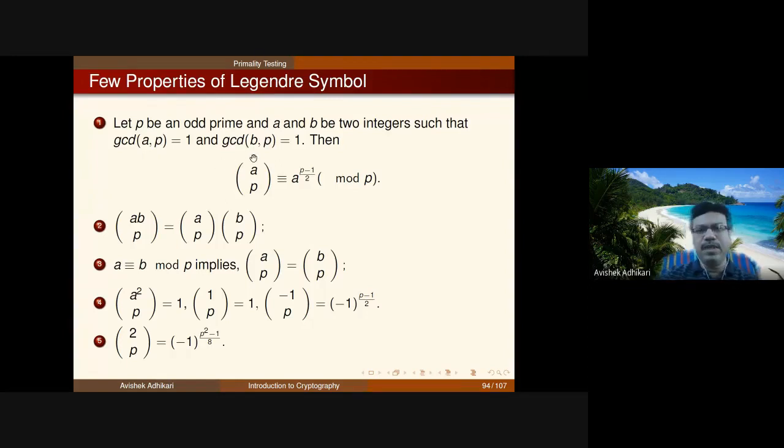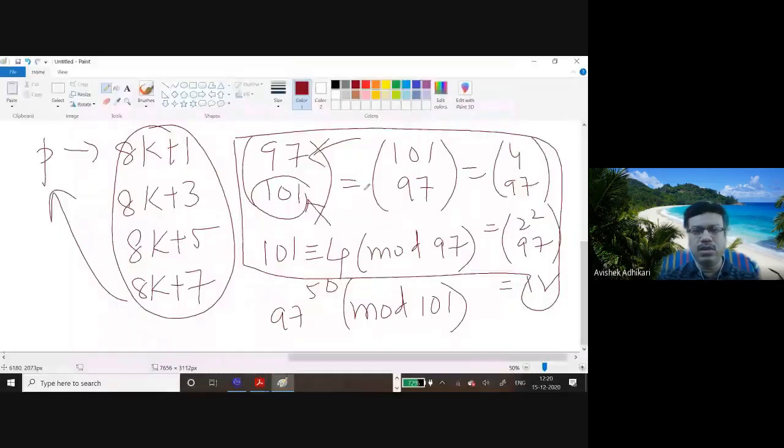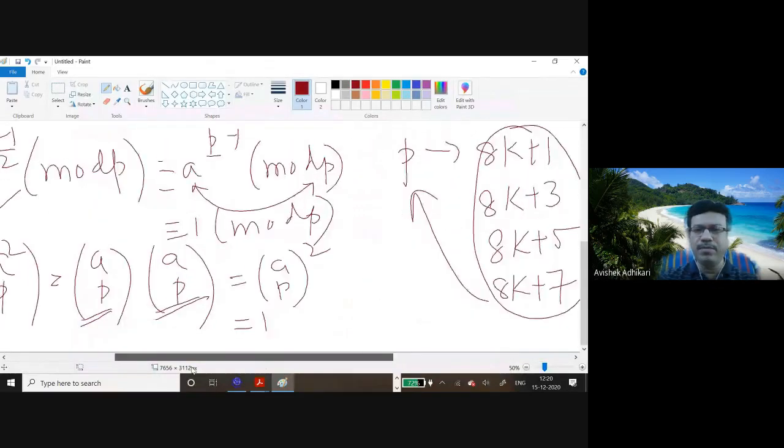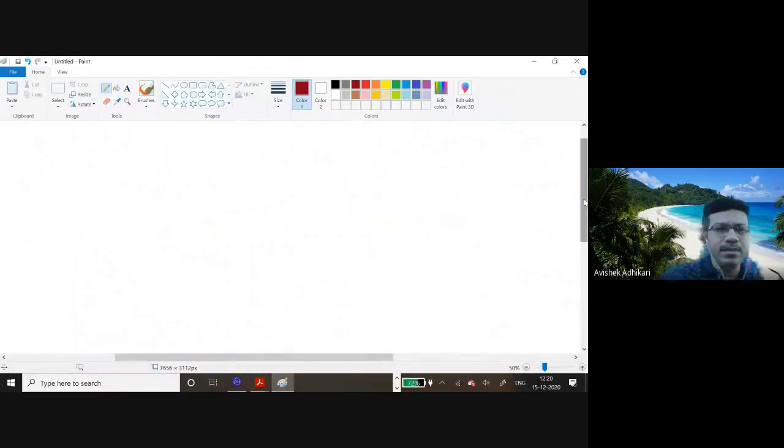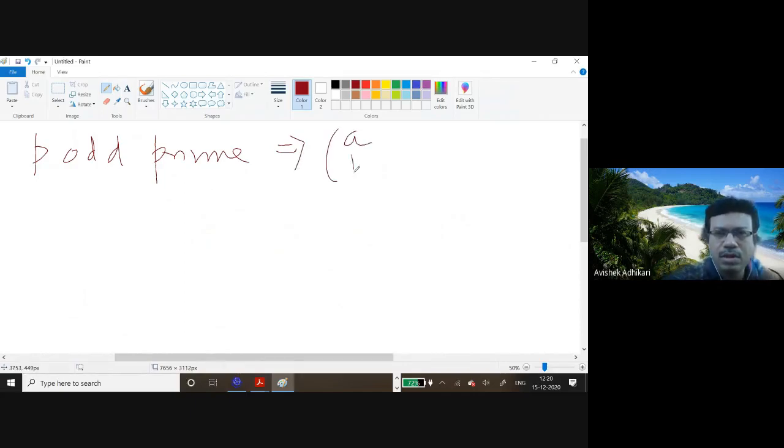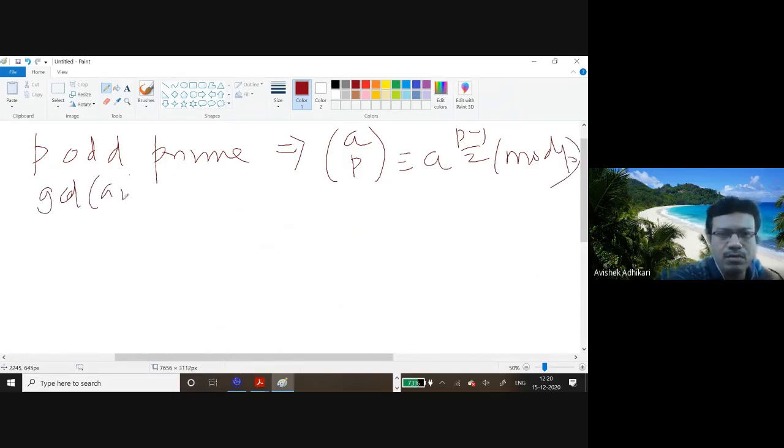If p is an odd prime, then the Legendre symbol (a/p) is congruent to a to the power (p minus 1)/2 modulo p, where GCD of a and p equals 1.